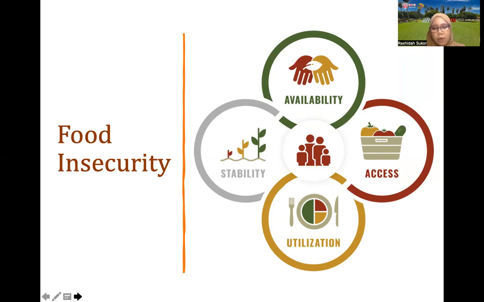Number 3 is how the food is utilized. And number 4 is stability, how the food source can be sustained. One time it is there, the next time it is not there, so it is not stable. So when we want to find a solution to this food insecurity problem, we have to find a crop or ways of cultivation that maintain the stability of the source.